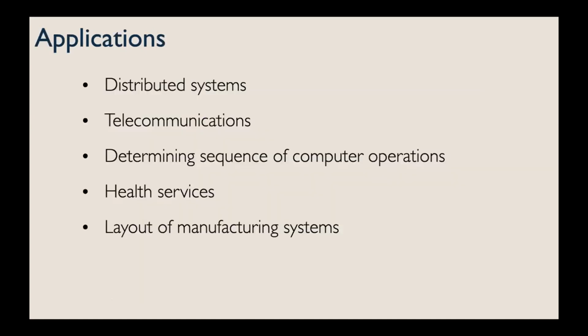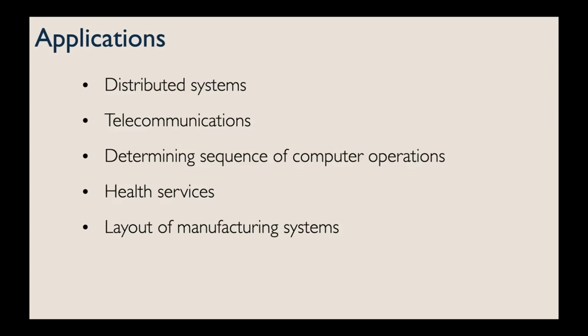Queuing networks are used to describe a wide range of real-world systems. For example, we can think of distributed systems that are composed of several components that need to interact, coordinate, and communicate in order to provide some service to a final user. But they also have been used for telecommunications, for determining the sequence of computer operations, and for evaluating scheduling policies.